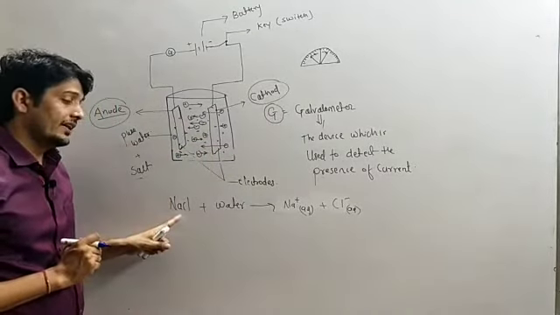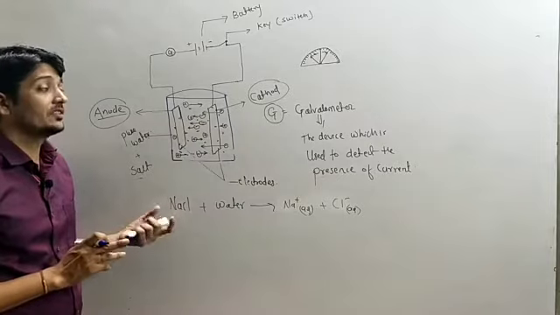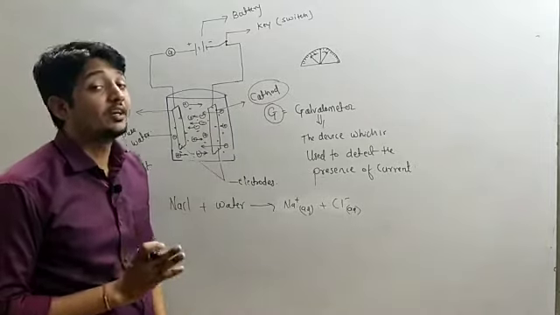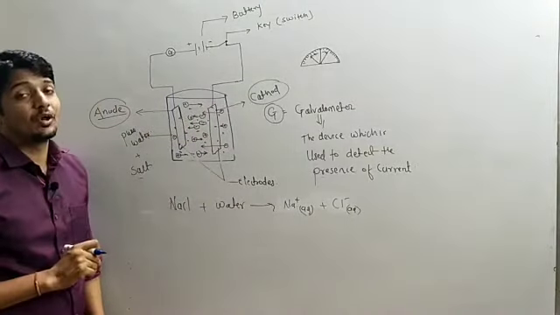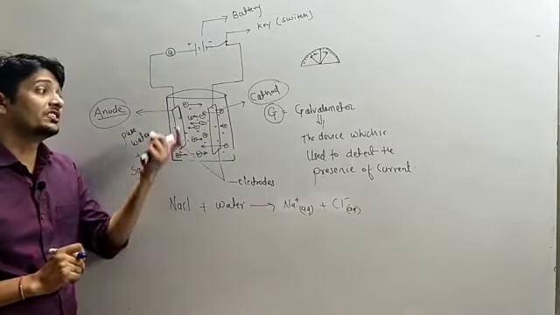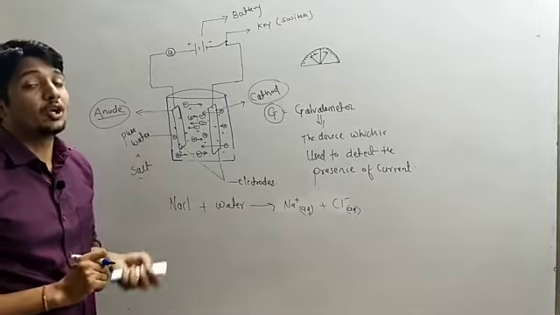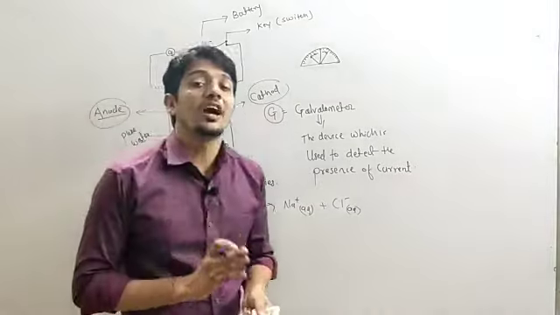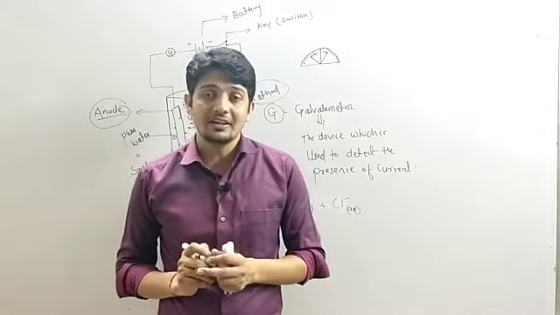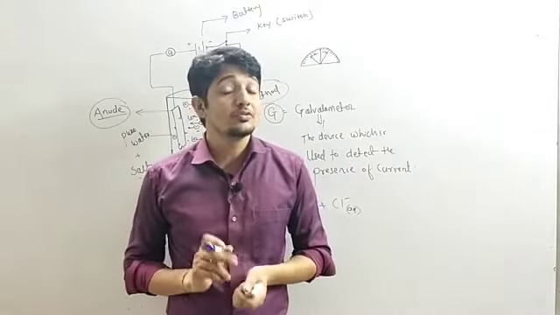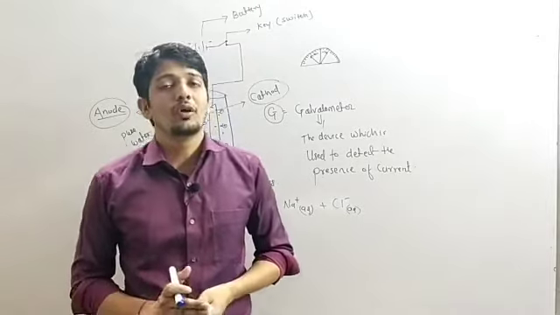When we have added salt in it. That means the aqueous solution of salt helps in conduction of electricity. So this is all about the conduction of electricity through an ionic compound, or we can say the flow of electric current with the help of ions, which are formed by the aqueous solution of salt.